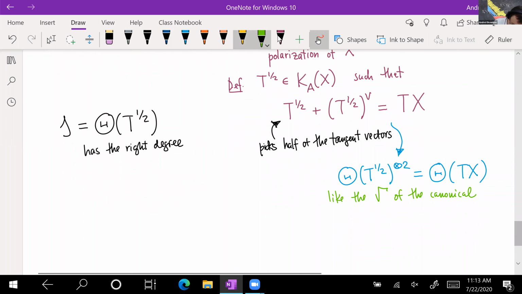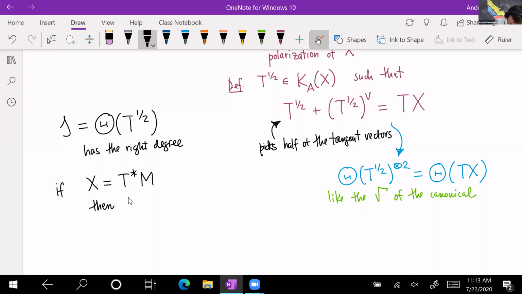So how are we going to get a polarization? How do we get symplectic manifolds? If X is T star of some manifold M, then the tangent bundle to M gives a polarization.